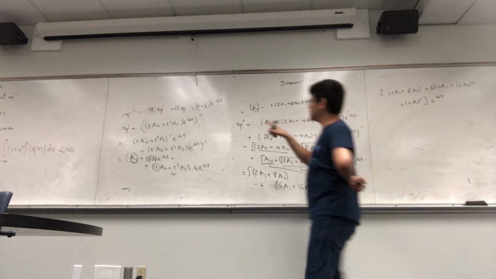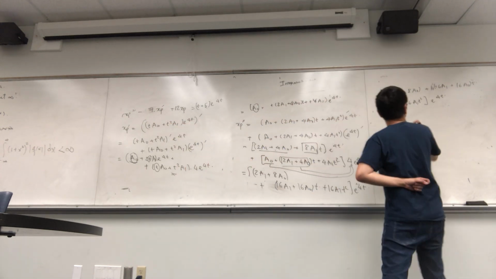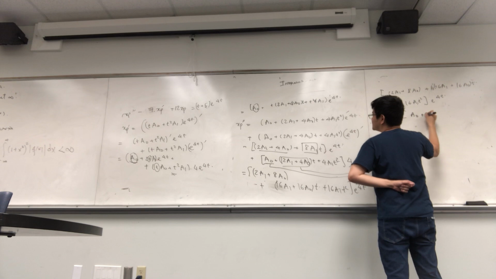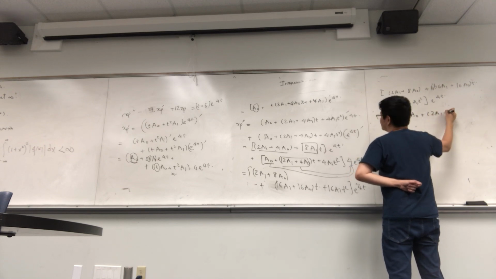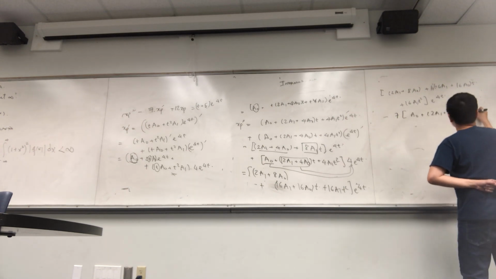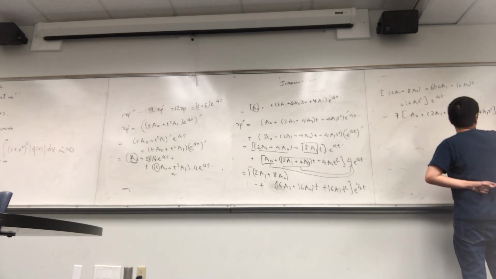And then I'm going to minus 7 times this quantity. So I have to minus 7 times a0 plus 2a1 plus 4a0t plus 4a1 t squared e to the 4t.